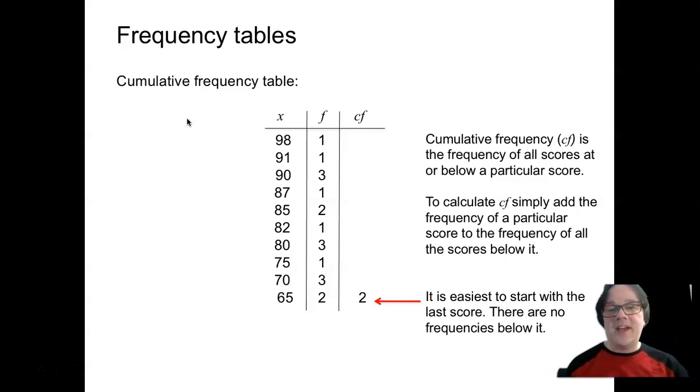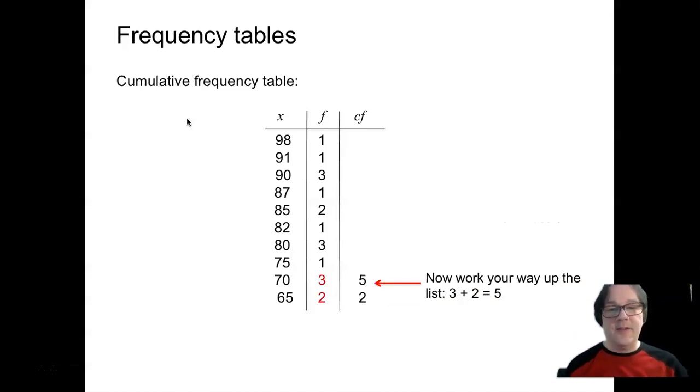At 65, how many scores are at or below 65? Just 2, because that's all we have that are 65. Then we add the frequency that occurs for the score of 70, and together we have a cumulative frequency of 5 at this point.